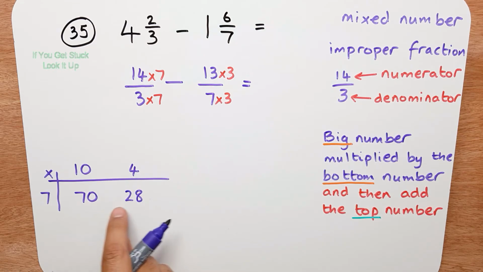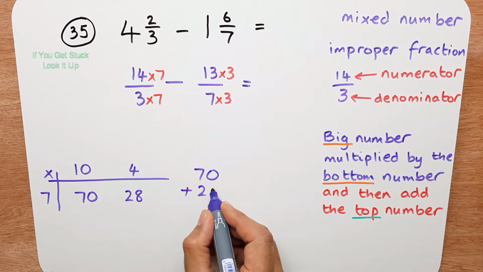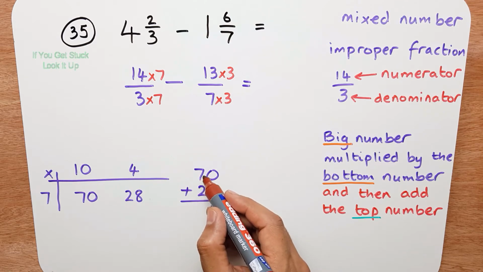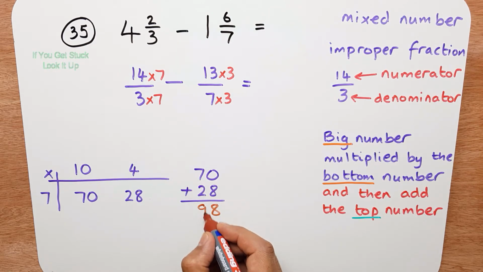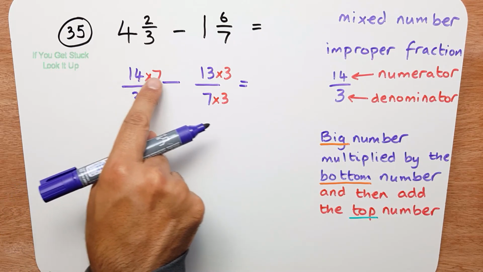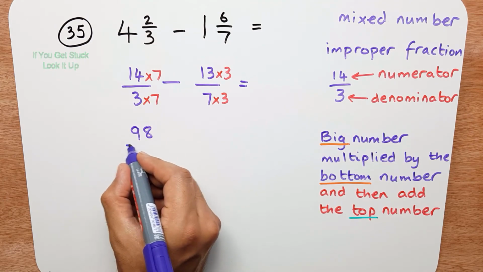Now I simply add these two together. 70 plus 28. 0 add 8 is 8. And 7 add 2 is 9. So my answer is 98. So the top part of the fraction, the numerator, is 98.